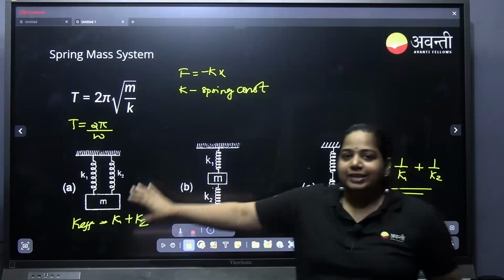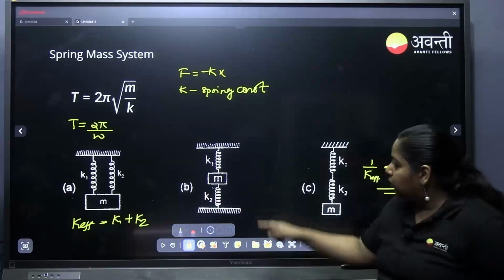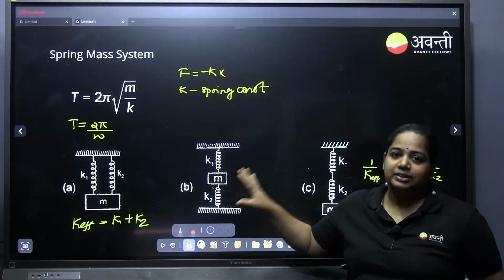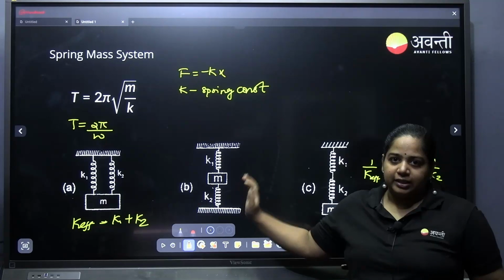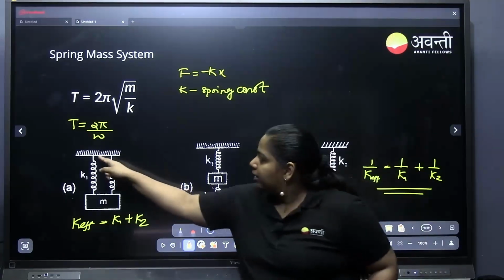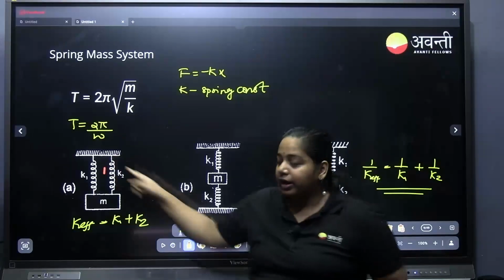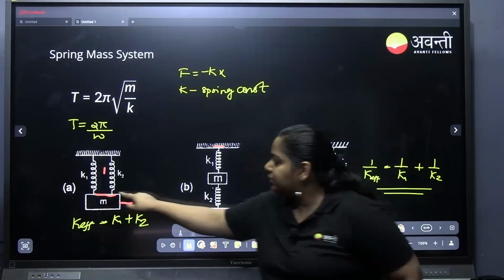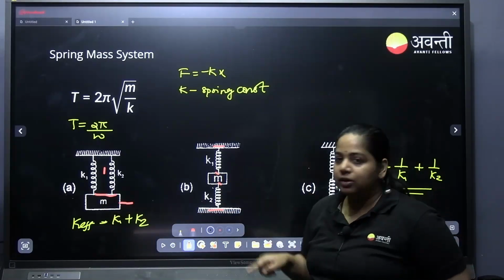So same as capacitor combination. Now this one might confuse you, and you might take it as a series combination, but it is actually a parallel combination, because if you see, one end of both springs is connected to fixed ends, here and here. The other end of both is connected to the mass.